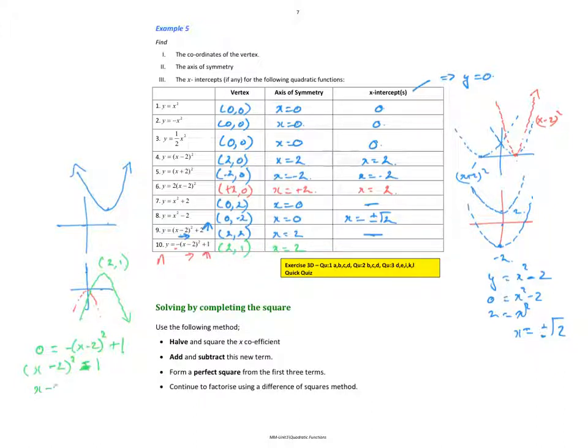So x minus 2 is equal to plus or minus the square root of 1, which is just plus or minus 1. So x is equal to 2 plus 1, or 2 minus 1, which is 3 and 1. So as it turns out, that point there is 1, that point there is 3. So x equal to 1 and 3. Okay, have a go at sketching a few of those.